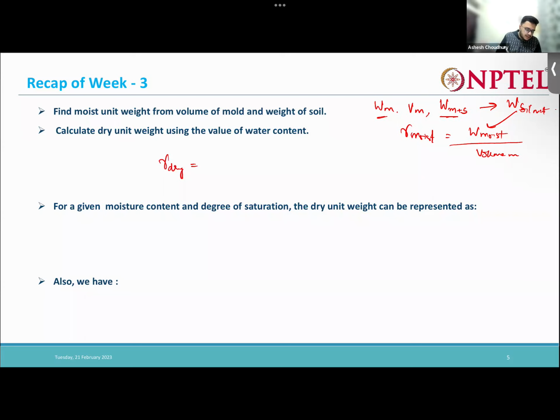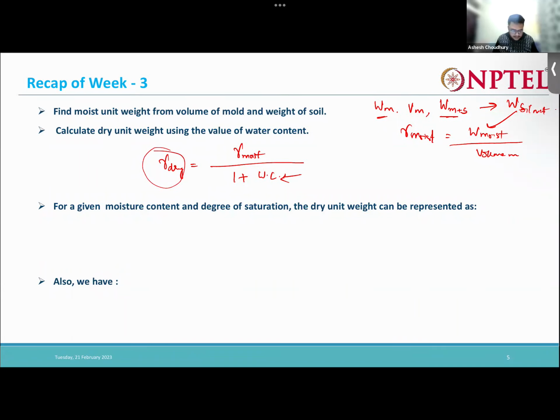We have used this formula many times. What is gamma dry? It is nothing but gamma moist by 1 plus water content, right? So if we know the water content, we can easily find the dry density, right?